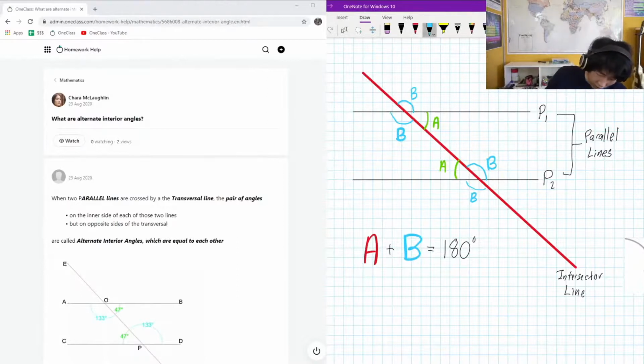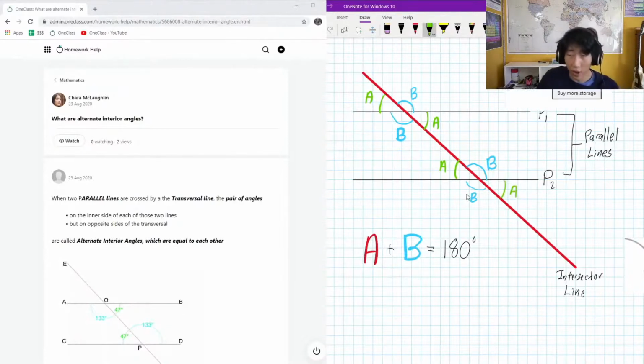And the same goes for A. If I get the color of A, which was green, this angle A and this angle A are going to be the same. And no matter which way you look at it, like this B plus this A, or this B plus this A, it's always going to be 180, right? Because them added together is going to be perfectly along the same line.